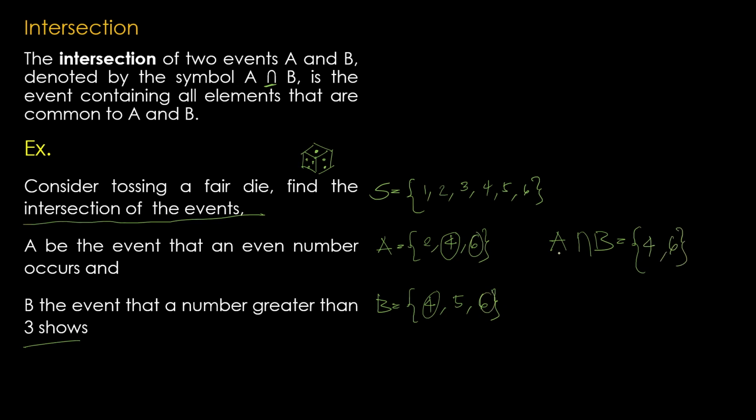That is now your intersection of A and B. Kanina, we've discussed complements: kung ano yung wala sa event A na meron sa sample space, yun yung A complement mo. Ito naman, if you have events A and B, kung ano yung pinagkakapareho ng event A and B mo, yun yung intersection mo.